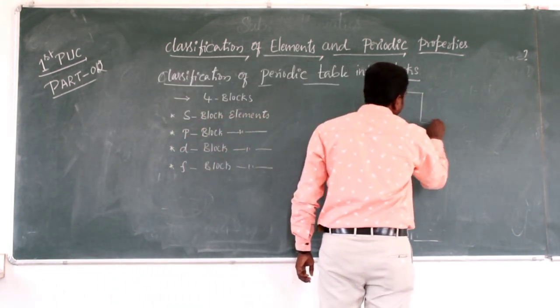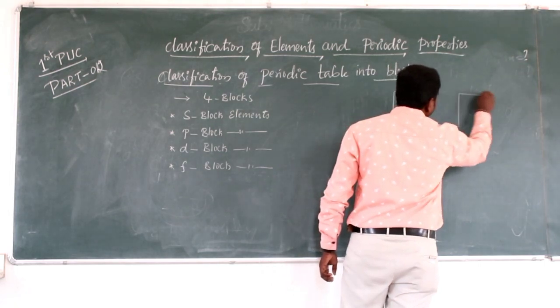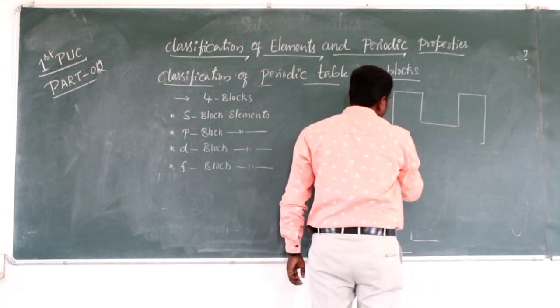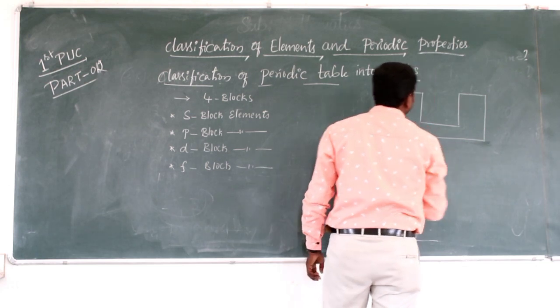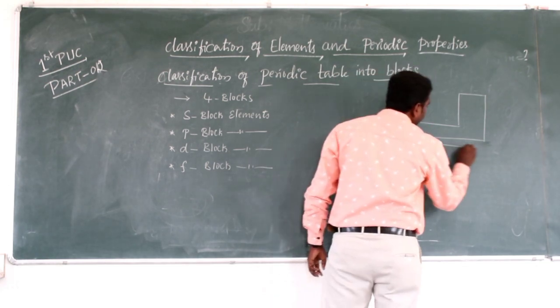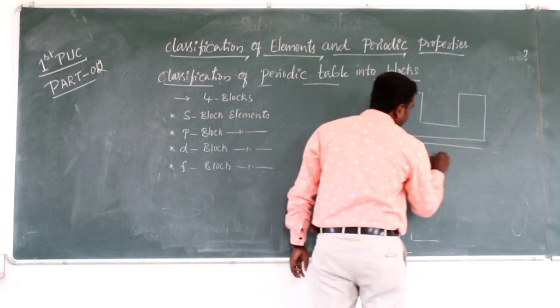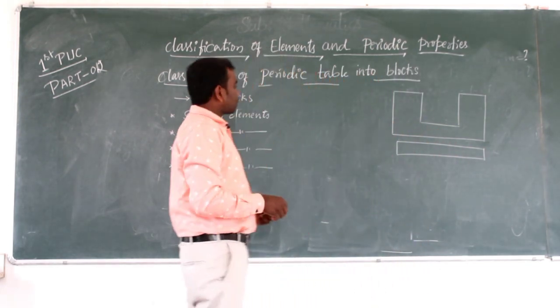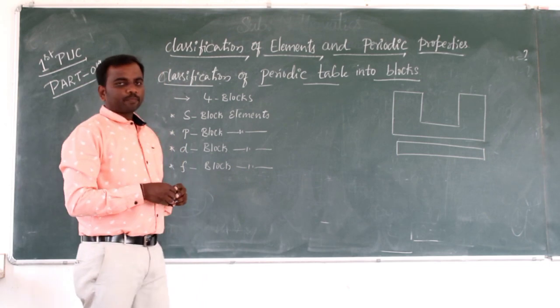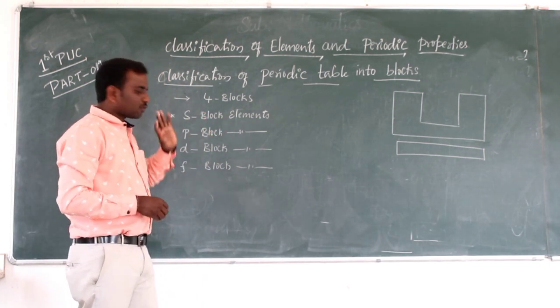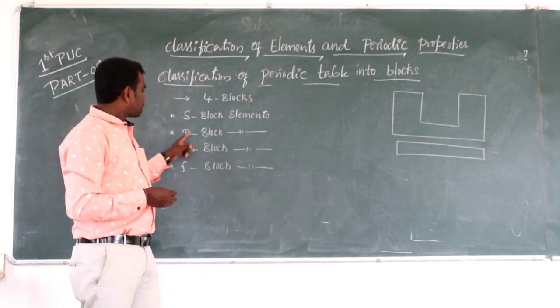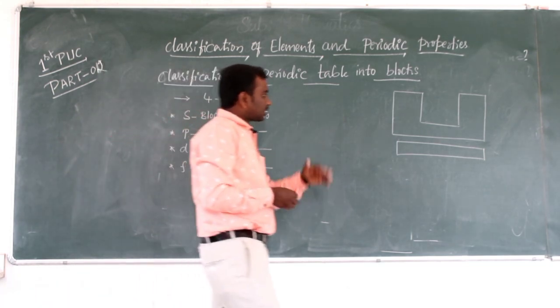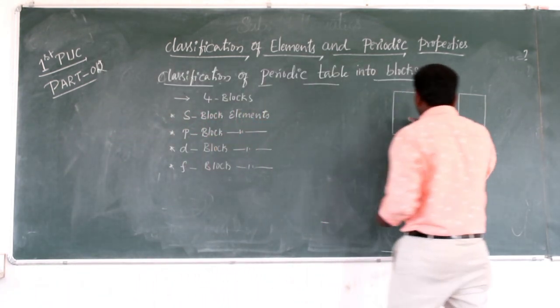See, for example, the rough sketch for the periodic table. Right. This is the periodic table. This periodic table we can classify into 4 blocks: S, P, D, F. Just mentioned here one by one.